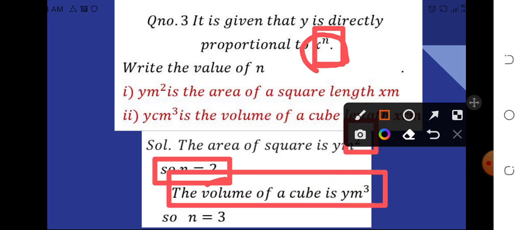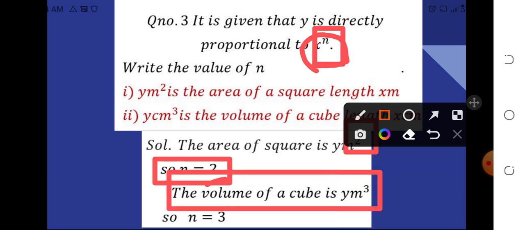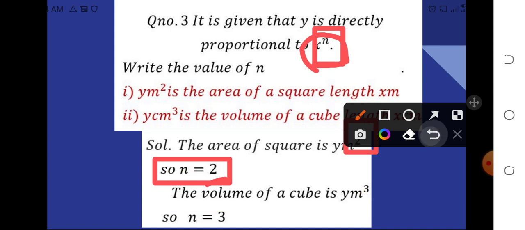And on the other hand, if we see part 2, the volume of a cube is y m cube. Here they have given us the m cube. You know, every volume is measured in the cube. So the n, which is power, here the power is given 3, so n is equal to 3.